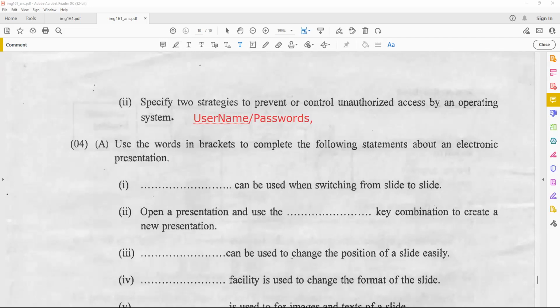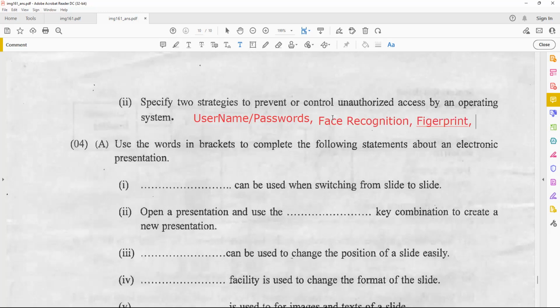Yes, Tarushi said fingerprint. Yes, you can use fingerprints. The latest technology we have is face recognition, right? Face recognition or fingerprint. Yeah, that's correct. What else?